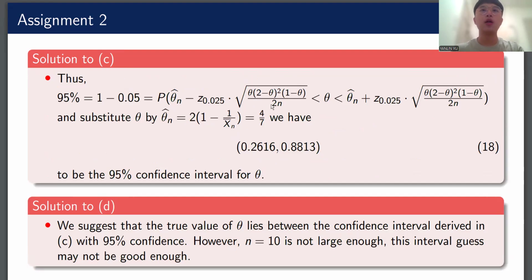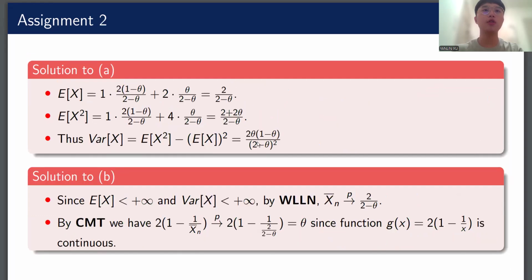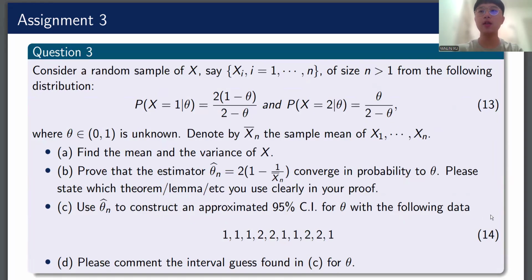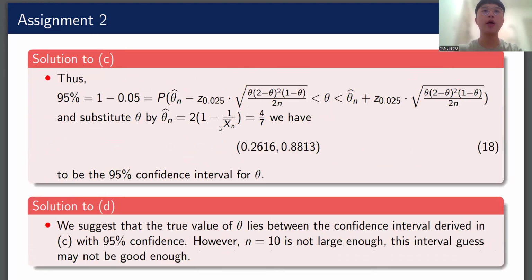Now, we are not done yet because the question gives us the exact data of the random sample. So we can verify that the estimator, which is equal to 2 times 1 minus 1 over the sample mean.